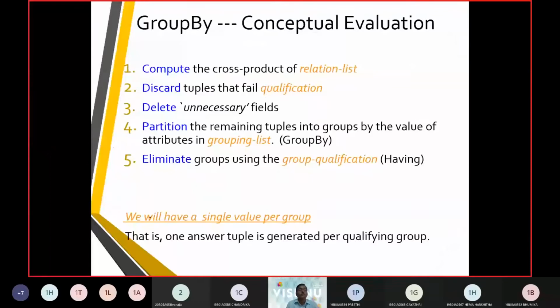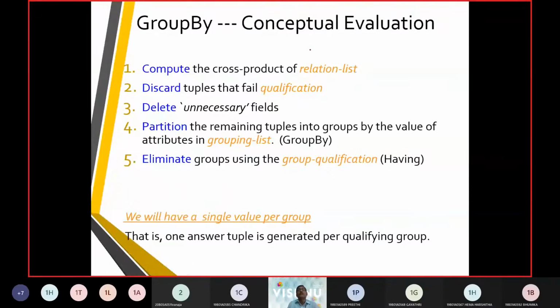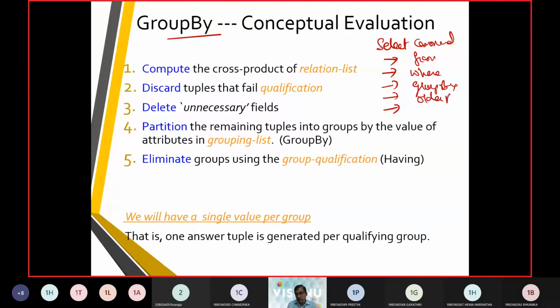Looking at the usage of the group by clause in the select command. As mentioned, in the select command we have multiple clauses: one we call from, another where, third group by, fourth order by, and fifth having.